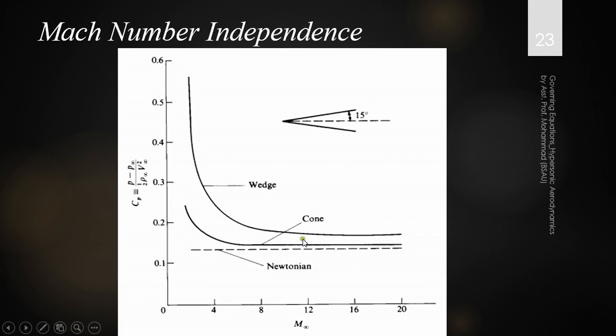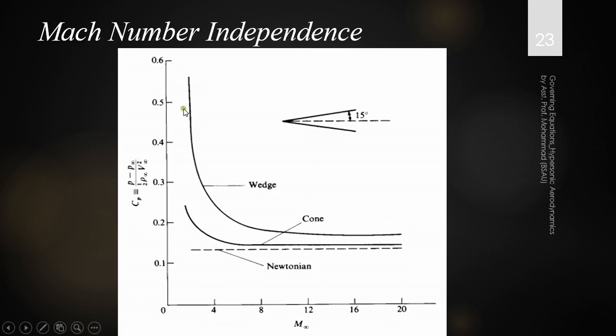The other values consider other methods, like the Prandtl-Glauert relation for Cp value. They consider the Mach number, and as the Mach number starts increasing in the initial ranges, up to 4, you can see they have a huge change from a very high value to a very low value.